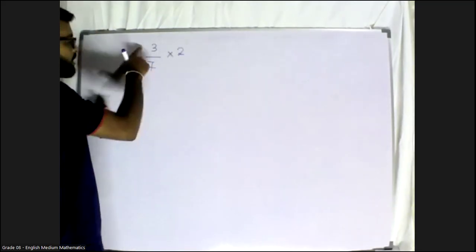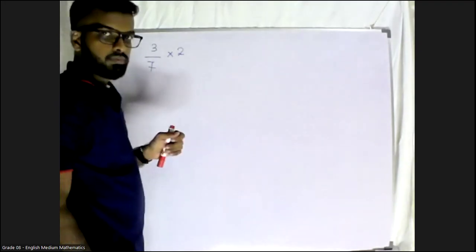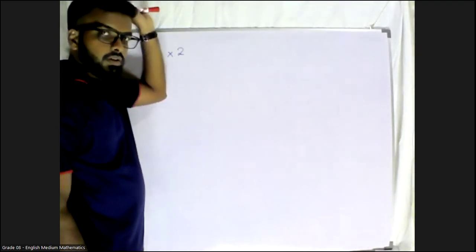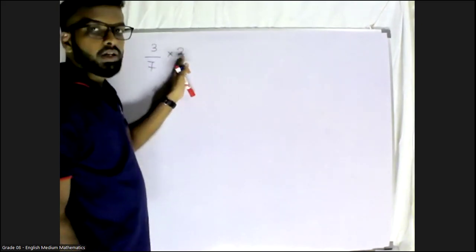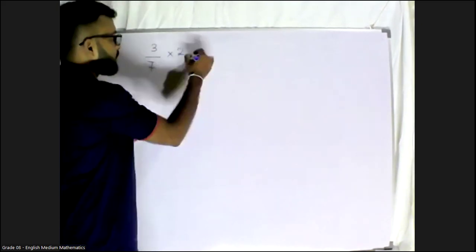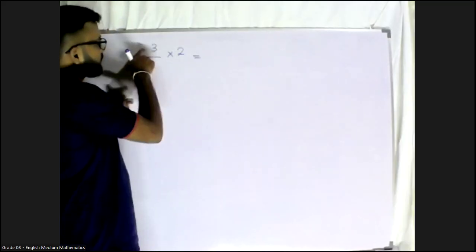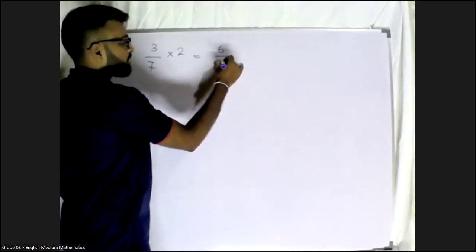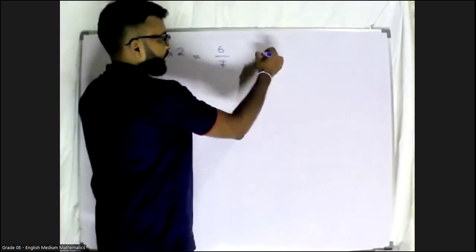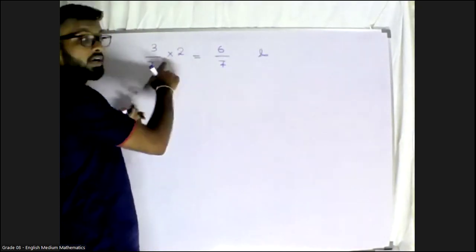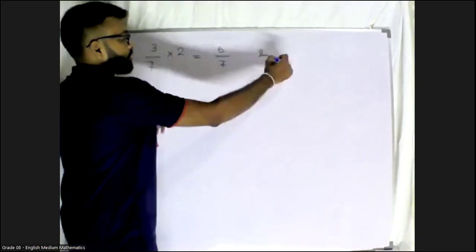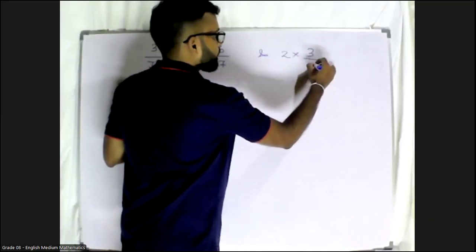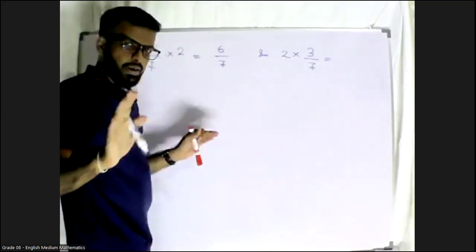So this is similar to the first one, fraction multiplied by a whole number. Equal 3 times 2, 6. The denominator is 7. And you can write the other way around. I will write 2 times 3/7. So same thing.